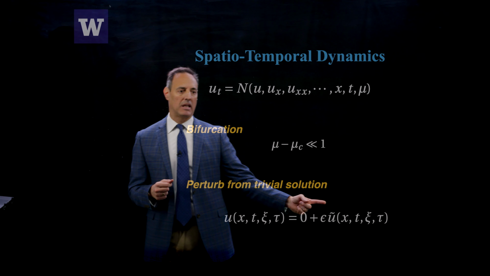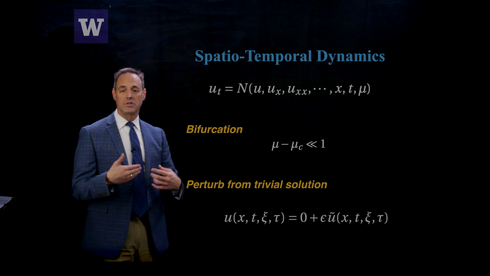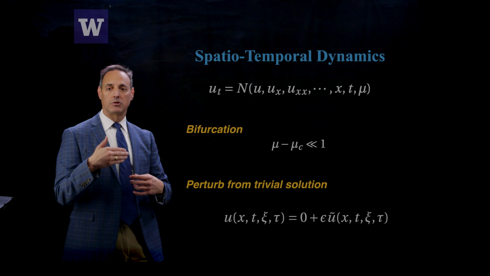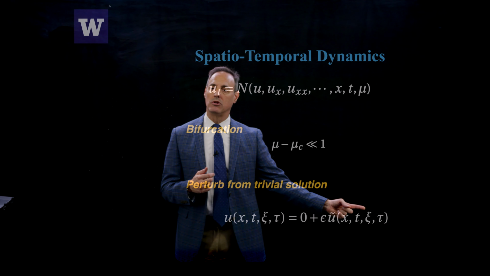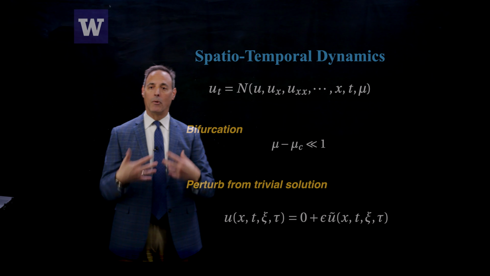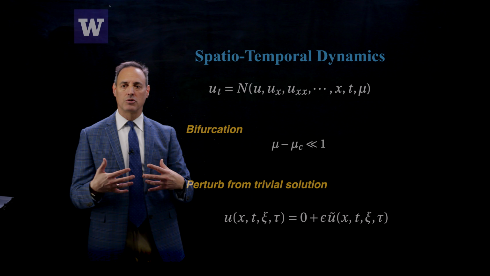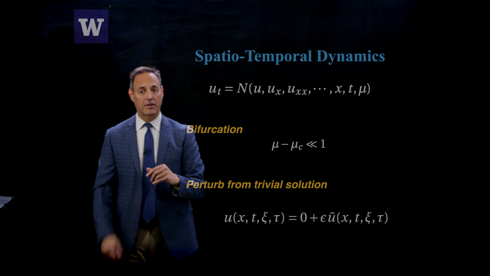So that's what's going to be captured here by this u tilde, and notice what I've done. U tilde has both slow space and slow time. That's the xi and the tau variables that we introduced in the last lecture. Okay? So this is important. We're doing a multiple scale expansion in spatial temporal systems such as this, near the bifurcation point.